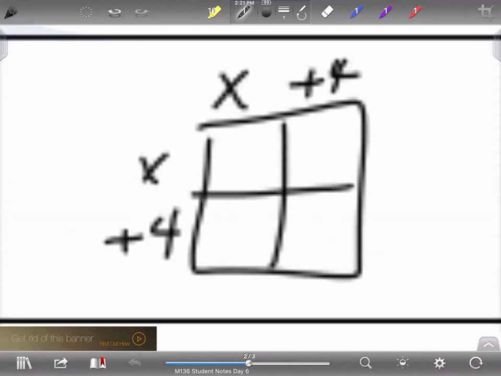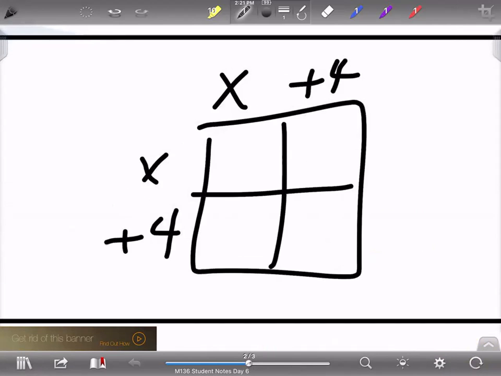When I fill out my box, remember, we're going to multiply corresponding parts. So if I'm looking in the top left box, I'm going to look up and see x, look to the left and see x, and I'm going to multiply x times x to get x squared. For the top right box, I'm going to look up and see 4.